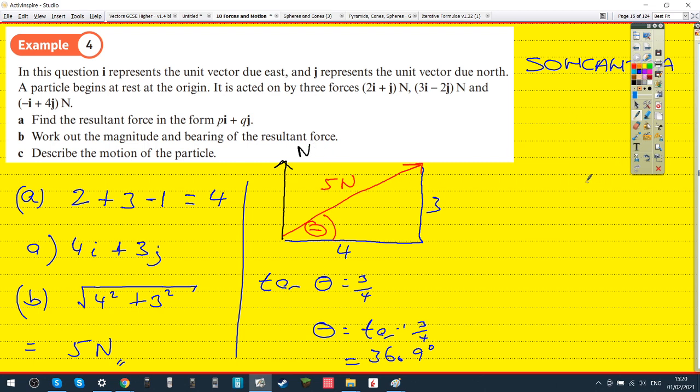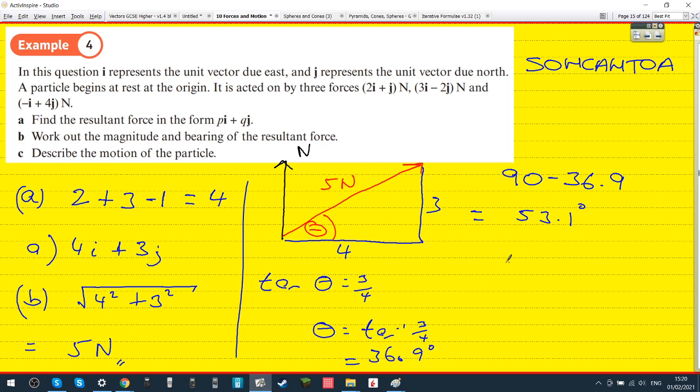Any idea about that? Is that just like me doing 90? Yep. Oh wait, minus 36.9. And I got 53.1. And I believe with bearings you have to say 0, 153. Okay, 153 degrees. And overall, describe the motion of the particle.